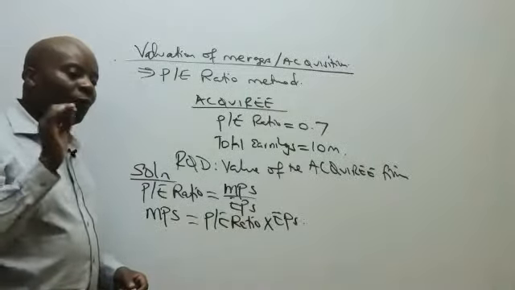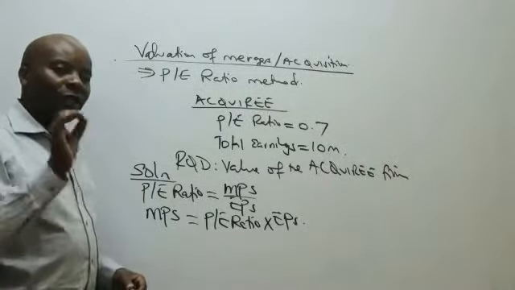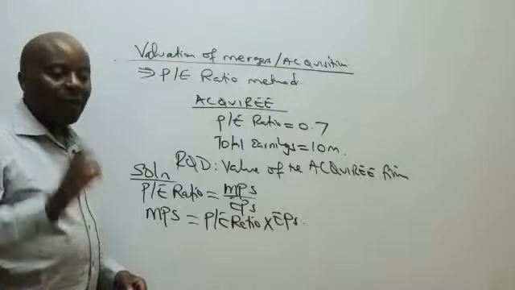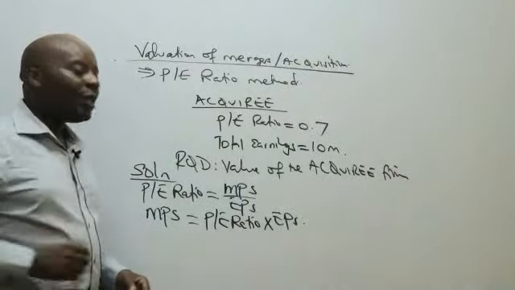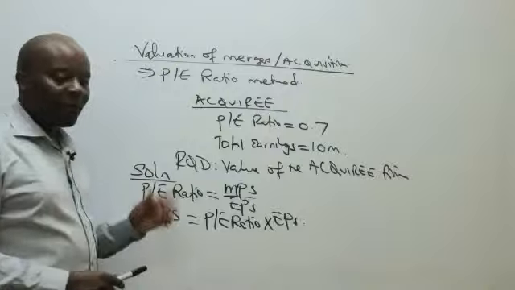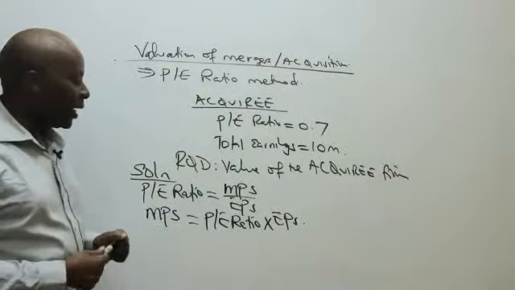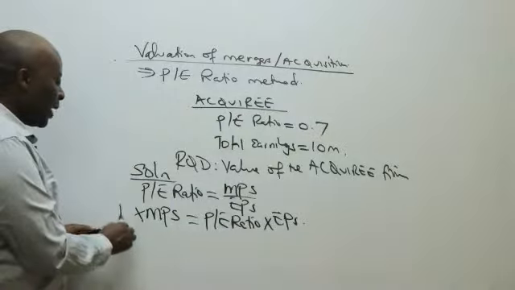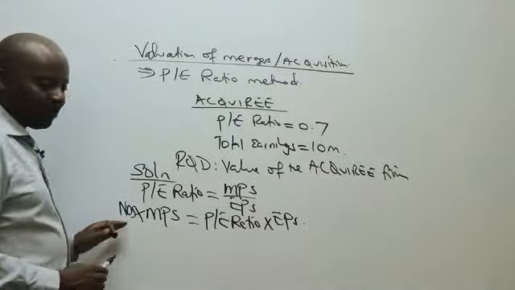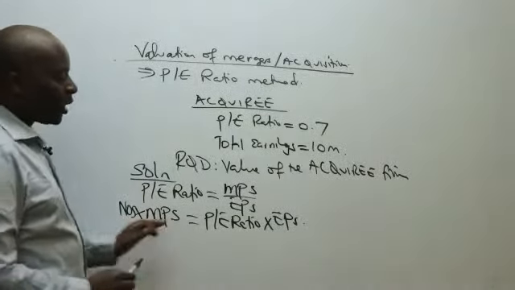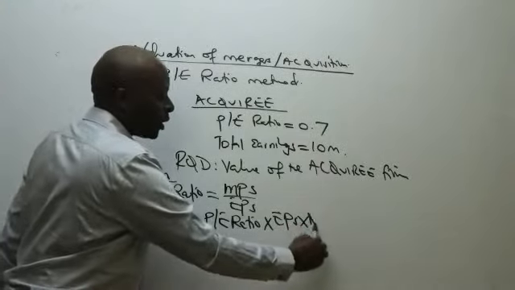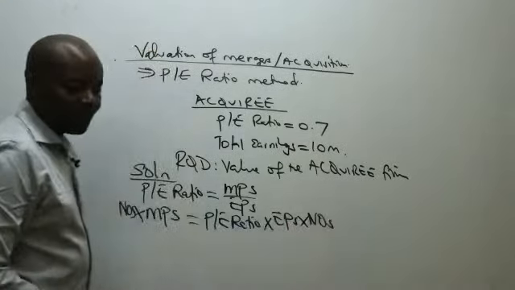To get the total firm value, whenever you have market price per share, you need to take the market price per share times the number of ordinary shares. So you must introduce what we call the NOS. For equality to hold, you must also introduce the NOS on this other side.